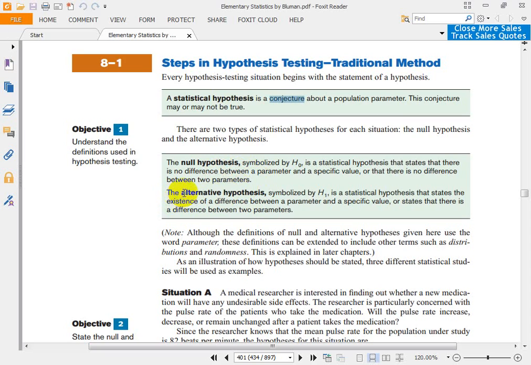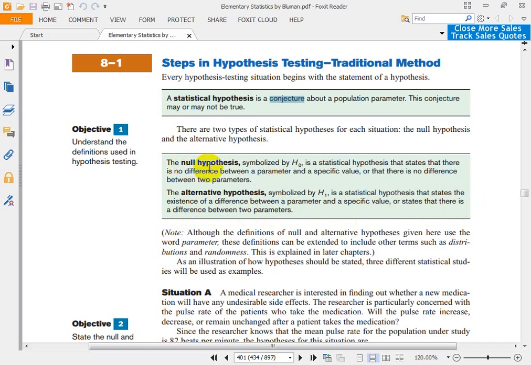The alternative hypothesis, symbolized by H1 with the suffix 1, is a statistical hypothesis that states the existence of a difference between a parameter and a specific value, or states that there is a difference between two parameters. So obviously the null hypothesis and alternative hypothesis are making two contradictory opinions.